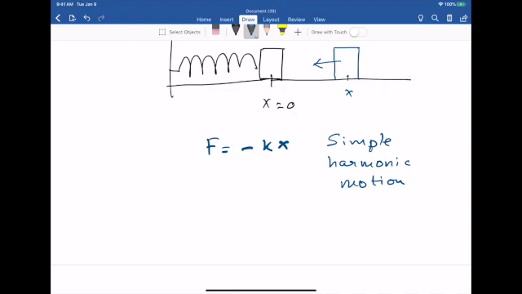What would not be an example of simple harmonic motion? Suppose you have some really weird wonky spring which does not obey Hooke's law, right? So suppose for that weird spring, F is equal to, instead of minus kx, minus kx to the power of 3, right? That would also cause oscillations because this is a restoring force, but those oscillations would be a little more complicated, and so we would not call them SHM.